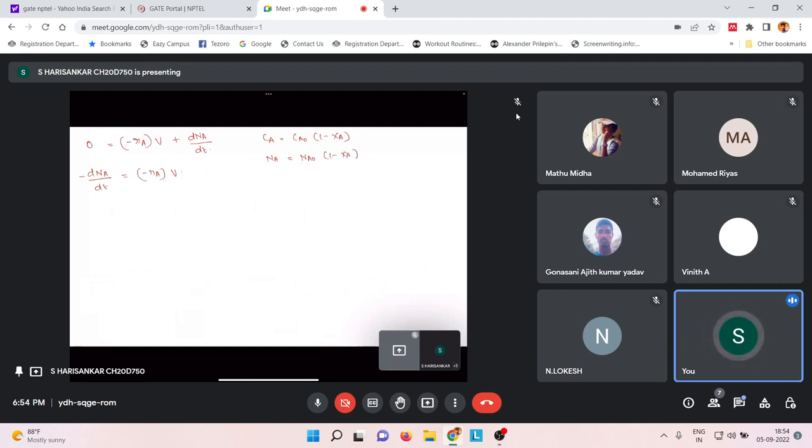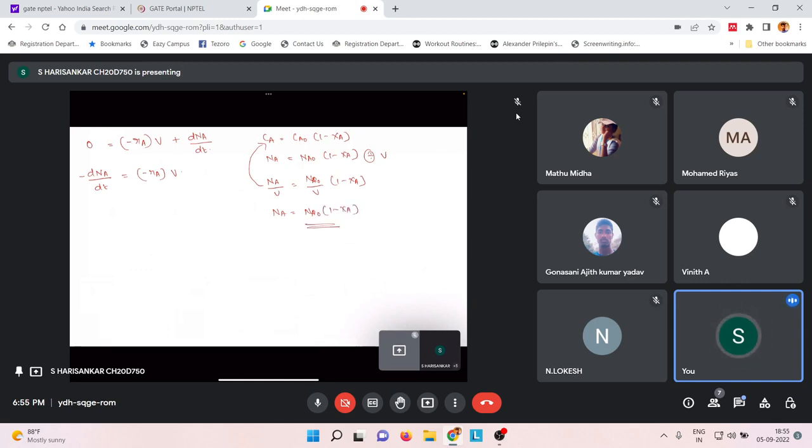For constant volume cases, if we divide this equation by V, we get Na by V is equal to Na0 by V into 1 minus Xa, and that is nothing but Ca is equal to Ca0 into 1 minus Xa. So for constant volume systems, Na is equal to Na0 into 1 minus Xa.